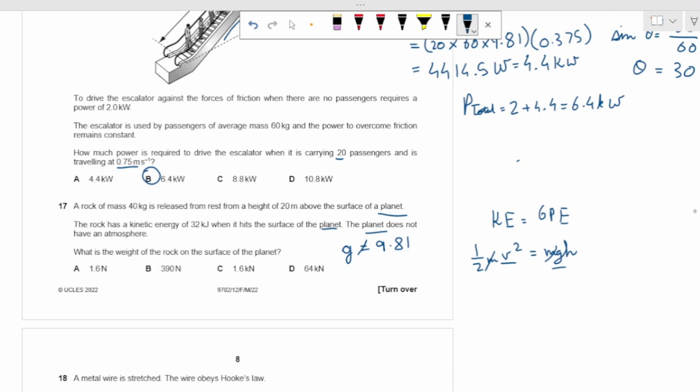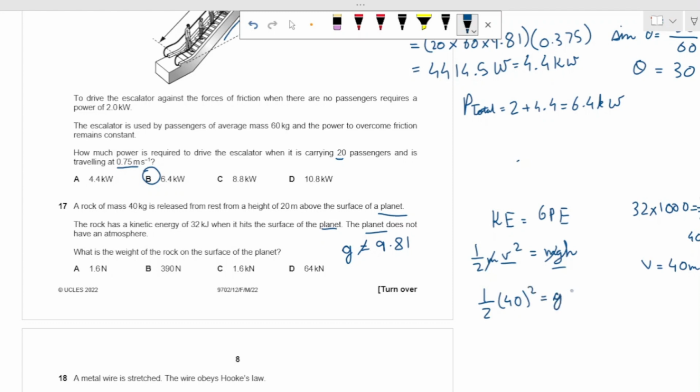So let's calculate velocity first of all. So 32 was the kinetic energy. This would be equal to 1 by 2 into 40 kg into v square. V would be 40 meters per second. Now we have calculated V, that would be 1 by 2 into 40 squared.